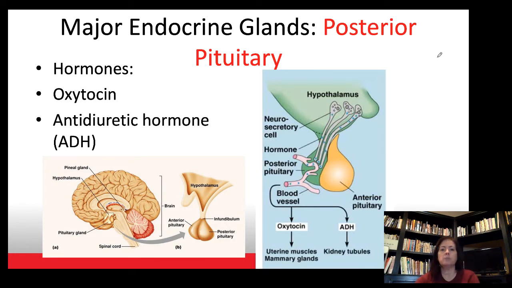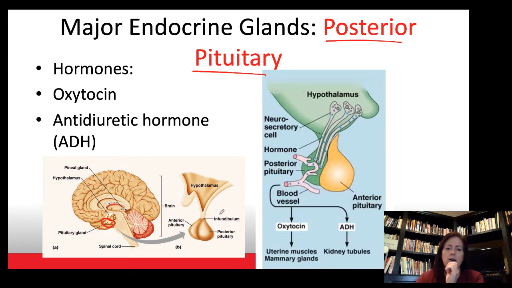This is the posterior pituitary. And so if you remember, where's the posterior pituitary? Here it is right here. Remember, it's basically hanging down from the brain, and it's sitting in that sella turcica, that little Turkish saddle, so perfectly right in the center of the brain. So the pituitary gland is technically divided up into two different glands.